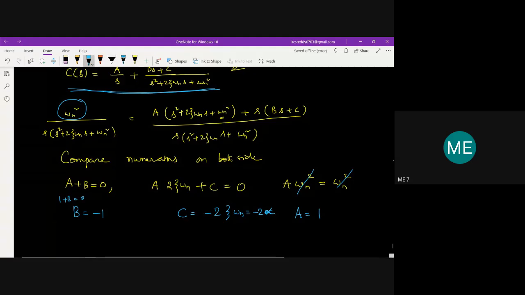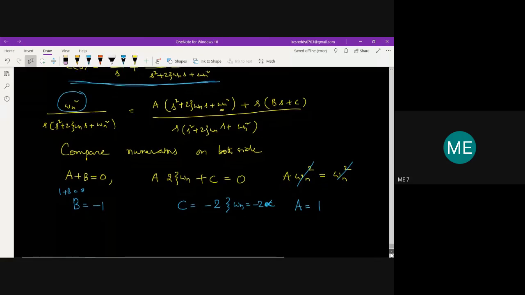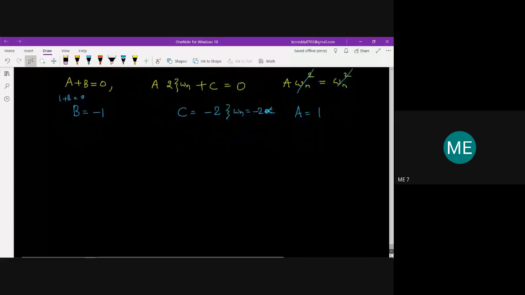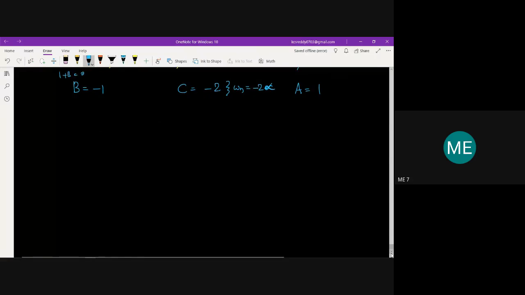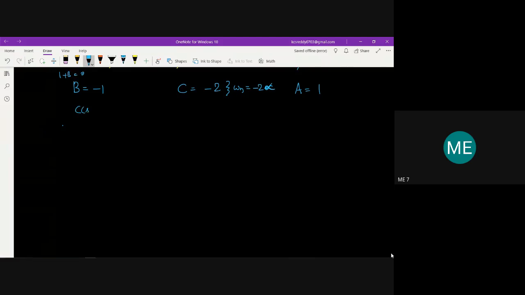So C of s is equal to what we wrote: A by s plus Bs plus C divided by s square plus 2 zeta omega n into s plus omega n square. I'm substituting the values here.